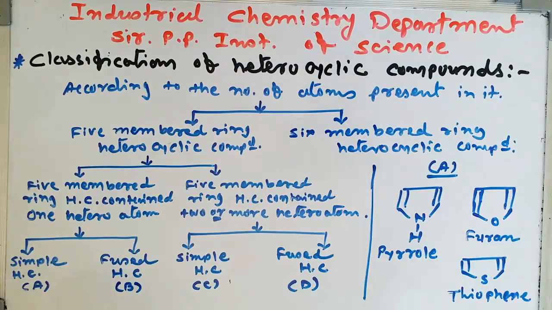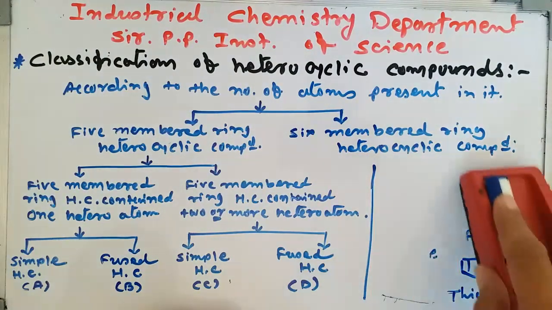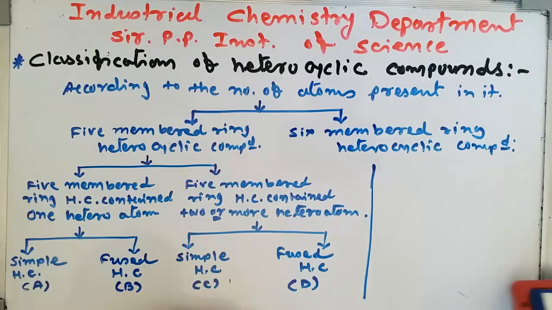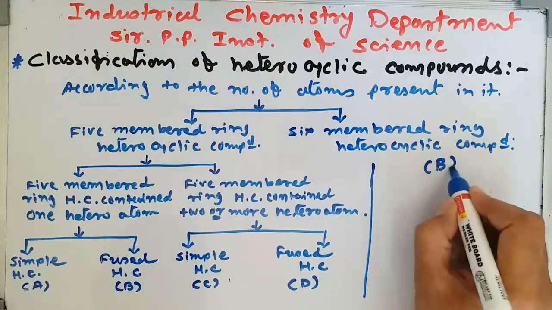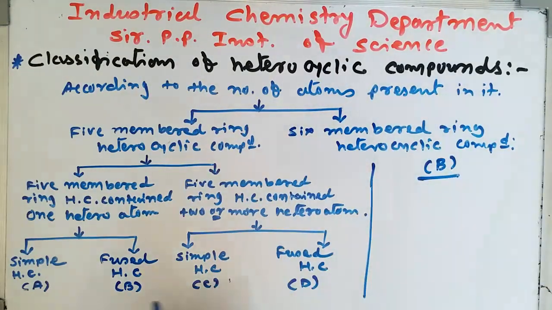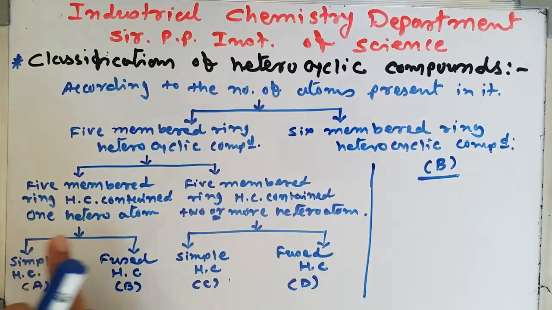Now we see example of B group. In this classification, B group are 5-member ring heterocyclic compounds containing one heteroatom as fused heterocyclic compound.